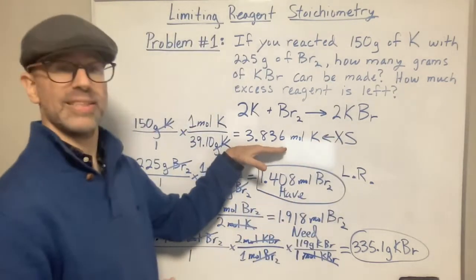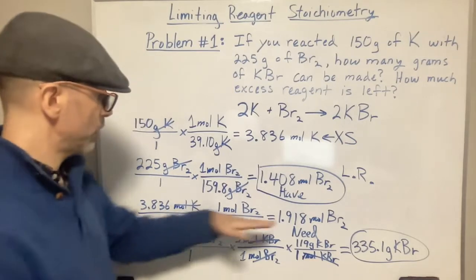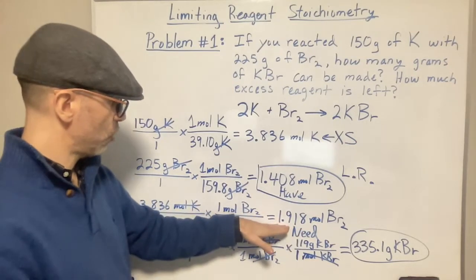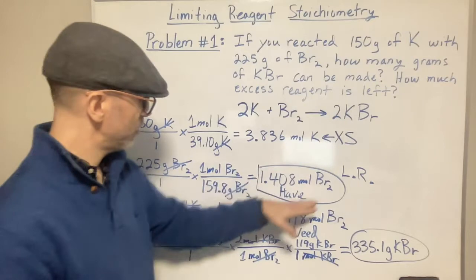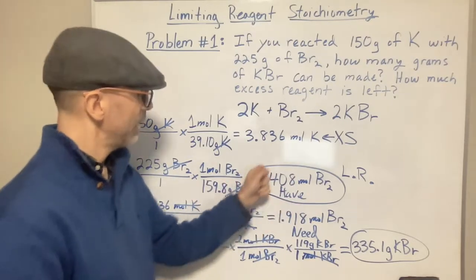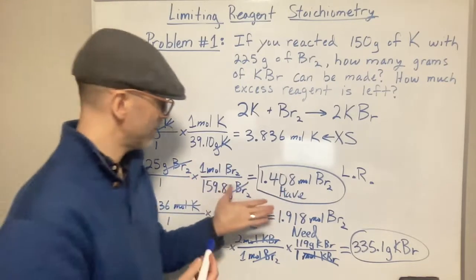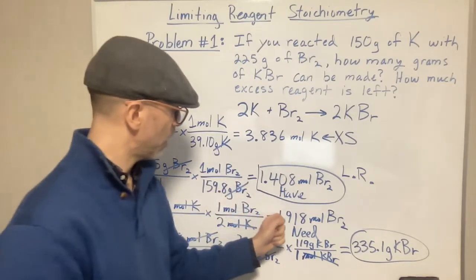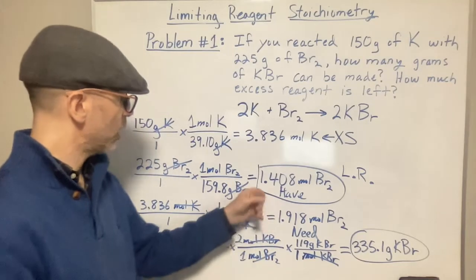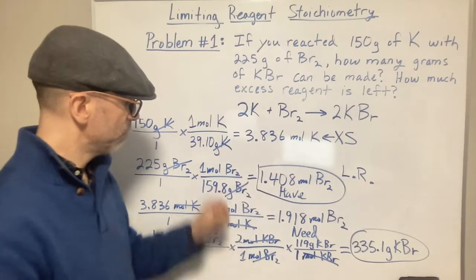How much of this excess is going to be left over? We know that this is going to be gone, so we can take this amount here and calculate the amount of potassium that's used up.